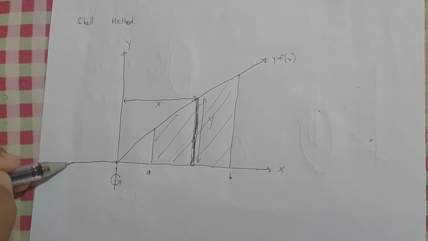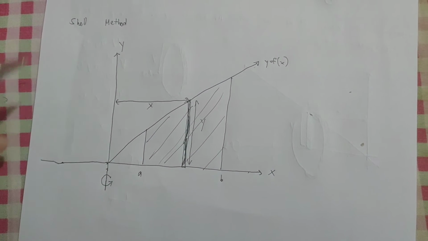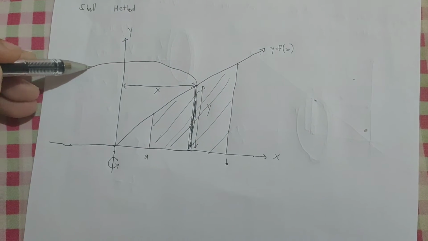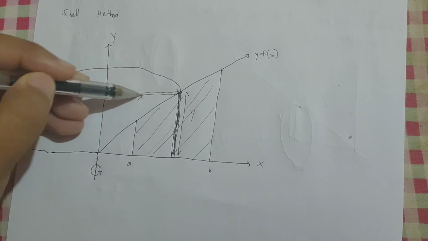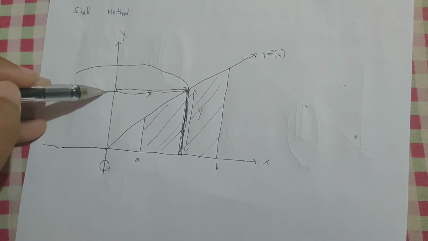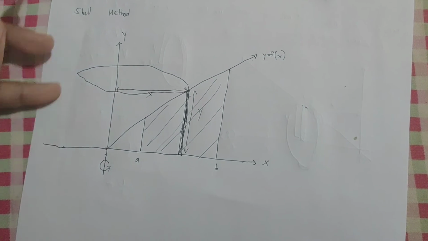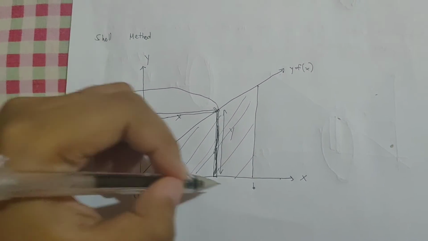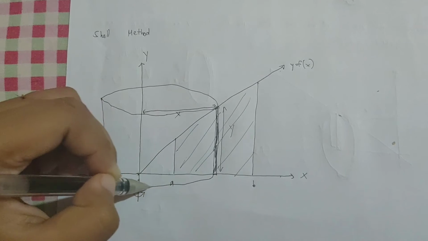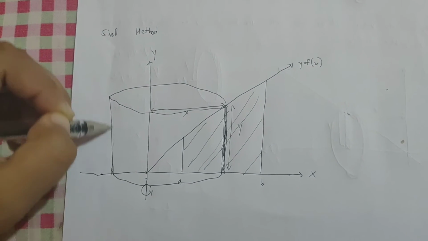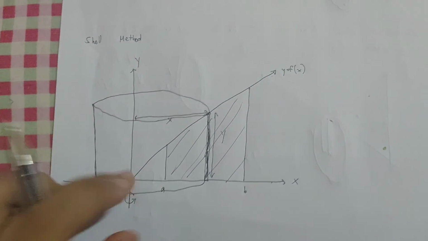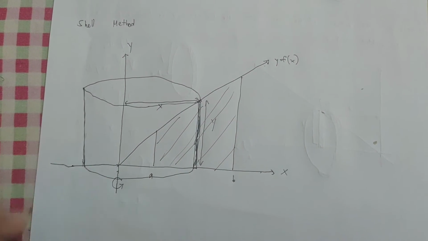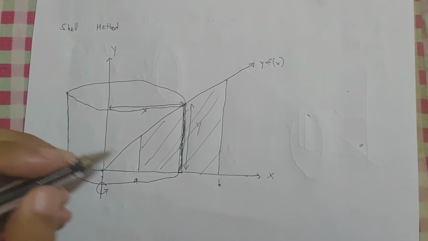And then we will now draw our shell. It should be like this. It will look like that. The inside of our graph should be like this if we are using the shell method.